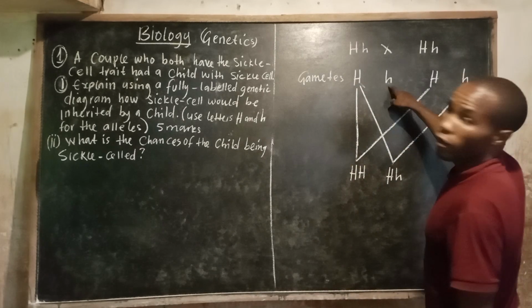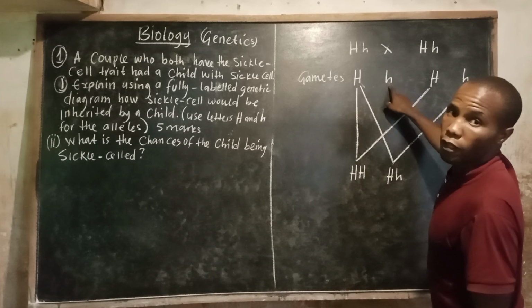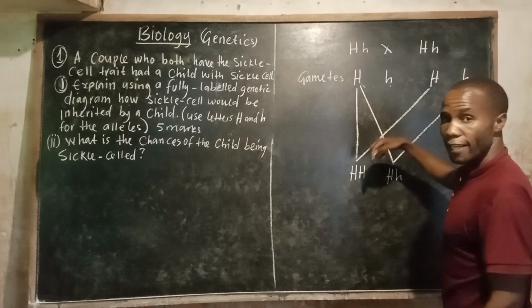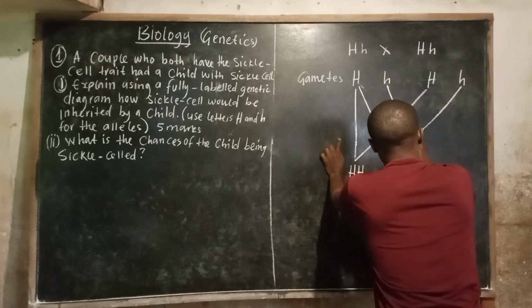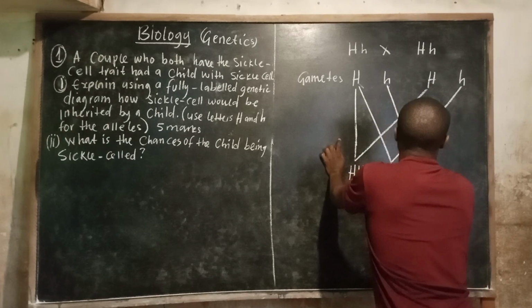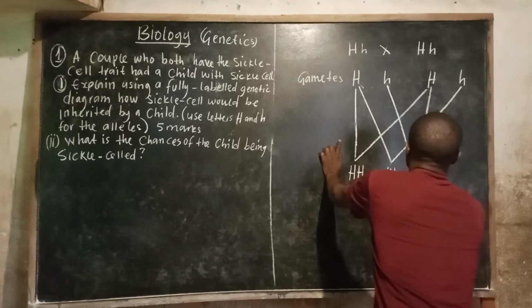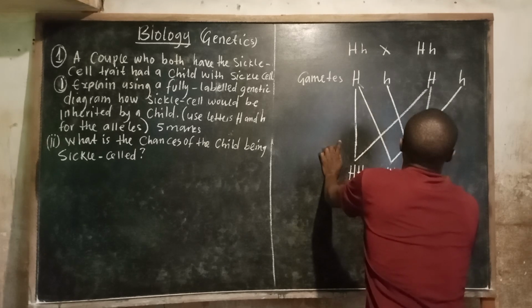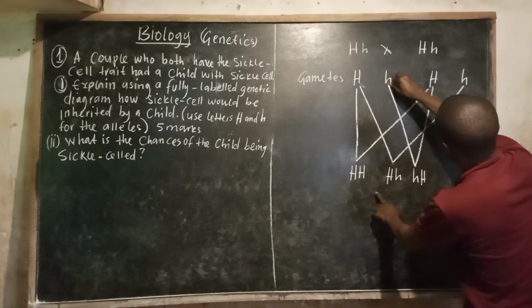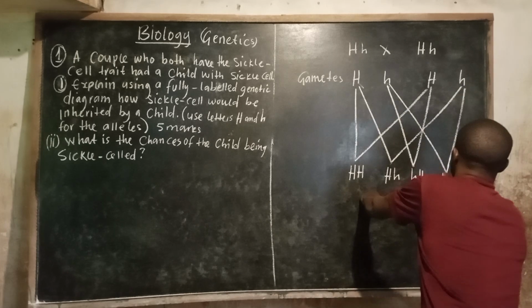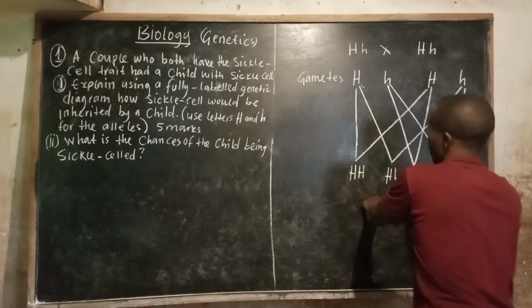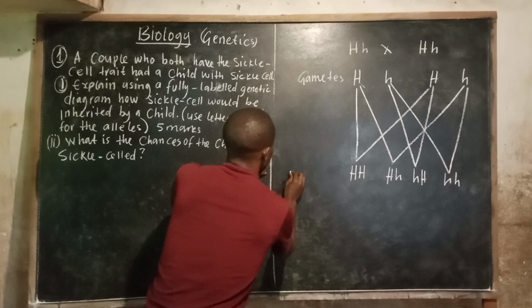Then we come to the second H, or allele. This one is also going to come here, then join this one, and it will be Hh. Then the last part is going to be like this, hh. So these are the offspring.